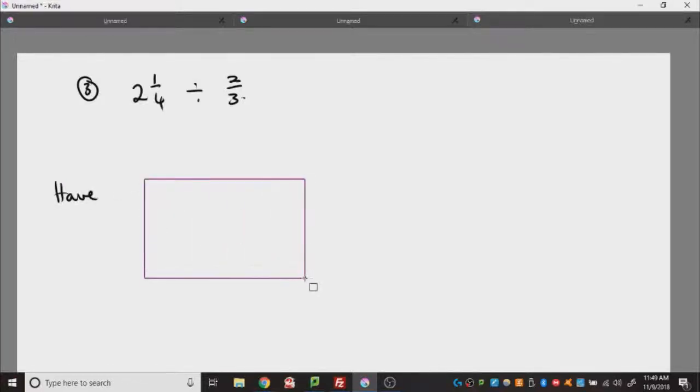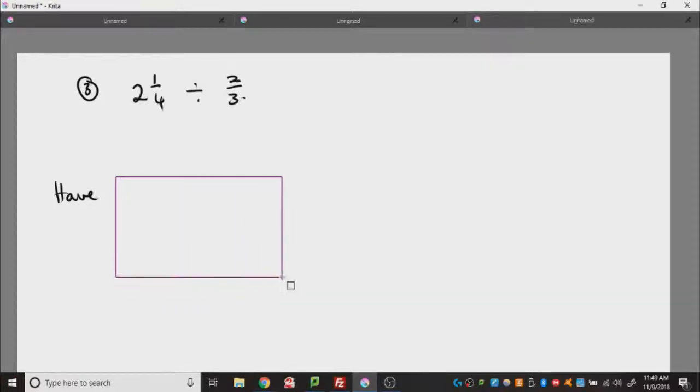Next one will be maybe a little more intuitive in the sense that I have a lot to start with. I have 2 1/4 loaves of bread. That's a lot of bread. So I have a lot of rectangles to draw. I'm going to try and fit them in one go. Let me squeeze it closer here.